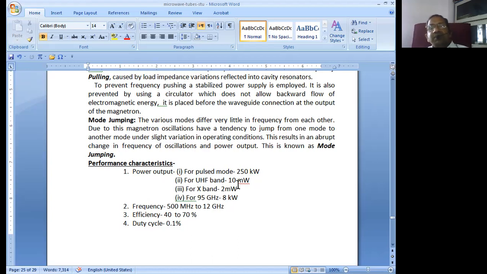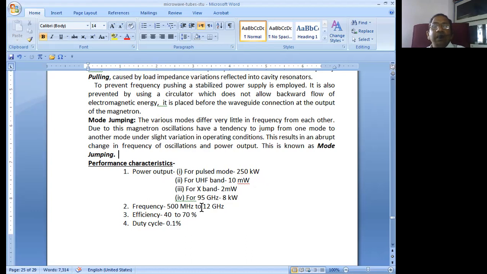Now, what are the performance characteristics of a magnetron? For a pulsed mode, the magnetron can be used for very high power radiation. That is, 250 kilowatts of power can be radiated from the magnetron. For the UHF band, 10 milliwatts of power is normally used.